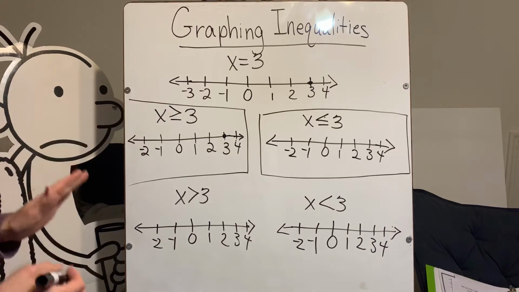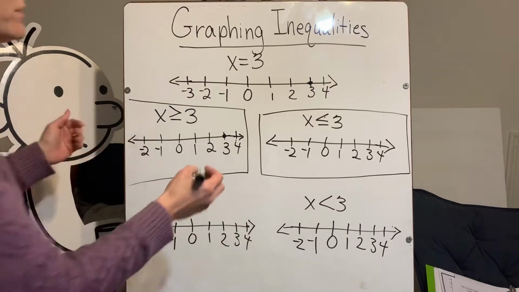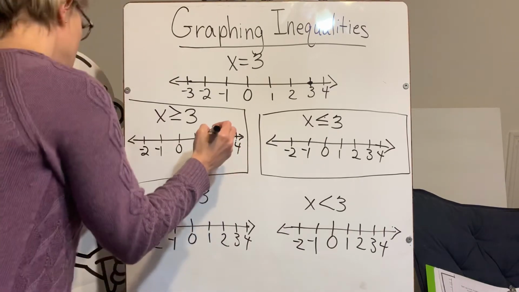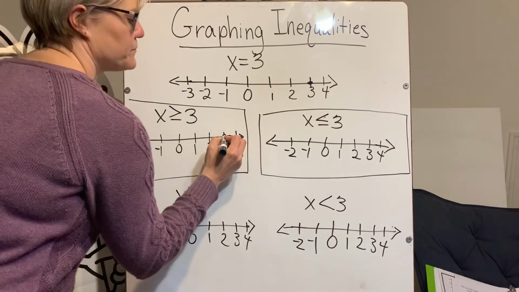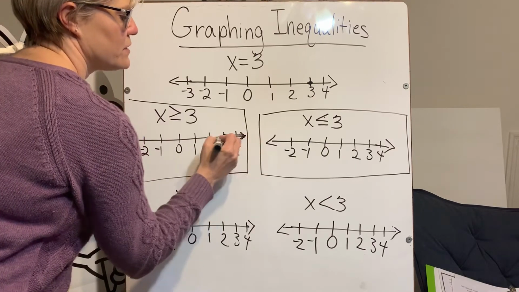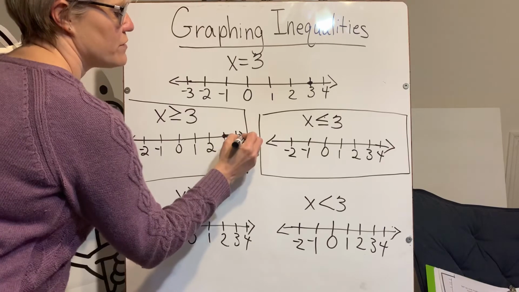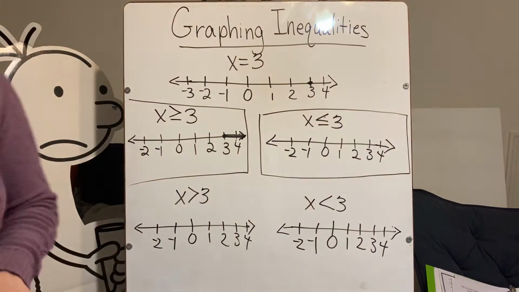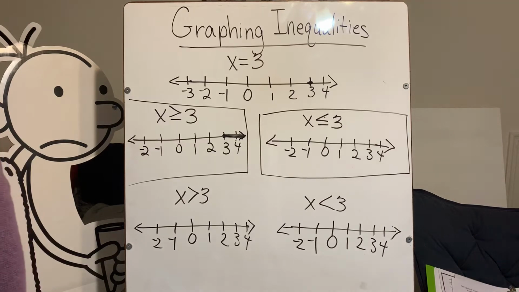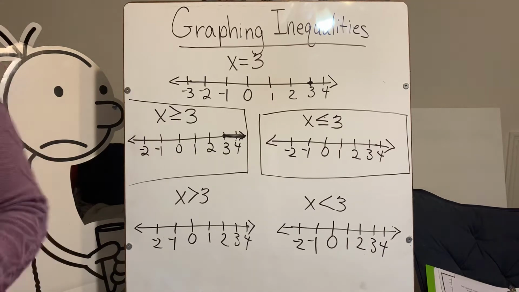So it can be any number 3 or greater than 3. So then I'm going to go ahead and draw a dark line to show that it is 3 or more than 3. Okay? So it can be 3 or it can be more than 3.